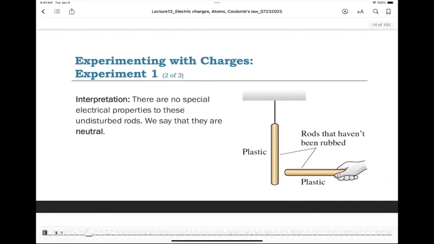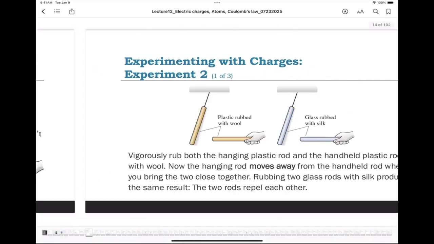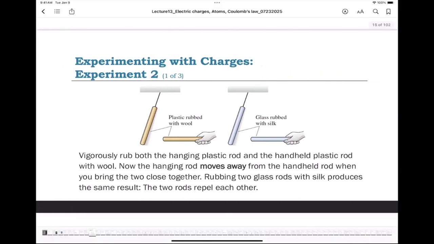There are no special electrical properties to these undisturbed rods. We see that they are neutral. Let's see the other one.